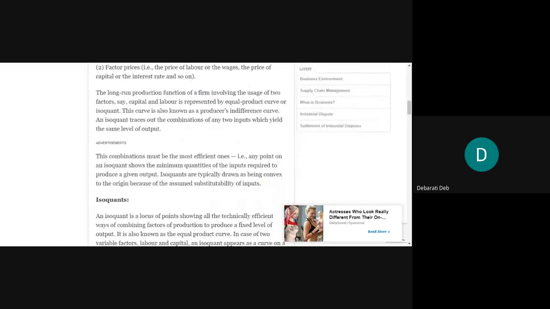Now come to the long run production function. The long run production function of a firm involving the usage of two factors, say labor and capital, is represented by the equal product curve, also called the isoquant curve. Now we are gradually moving on to the concept of the isoquant. So from where did we start?